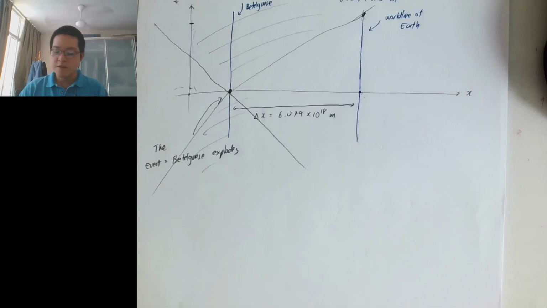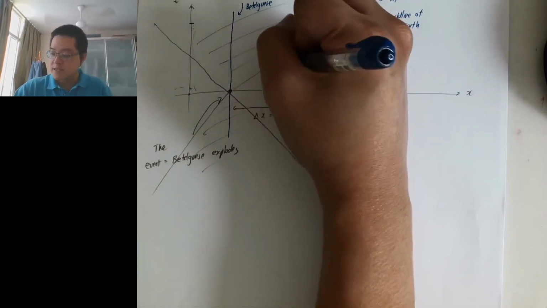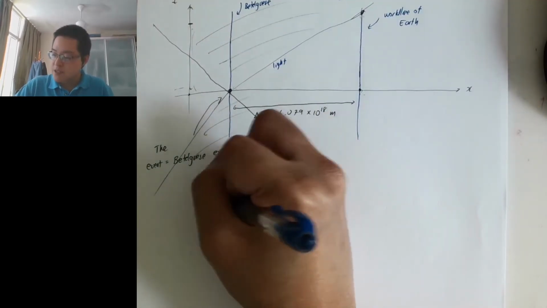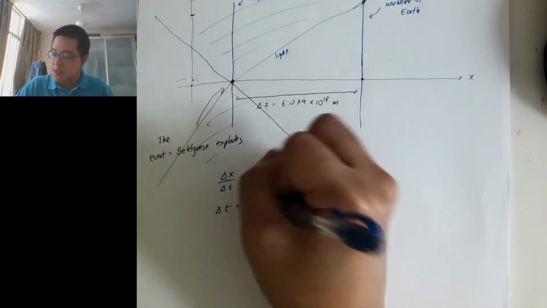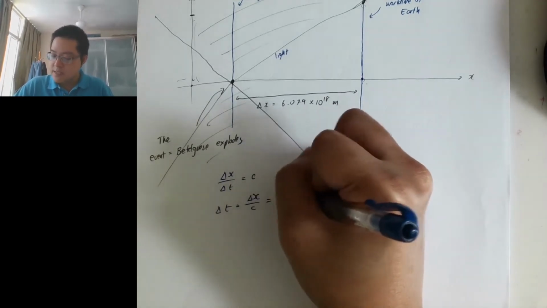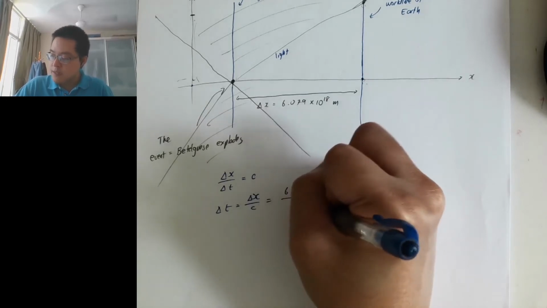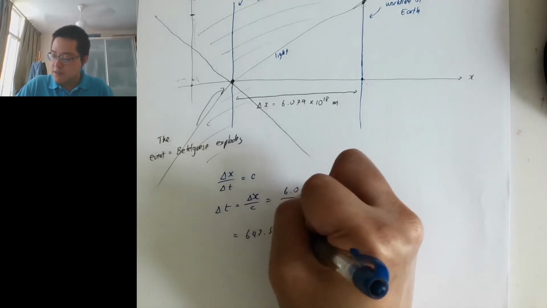Okay, so from here we see that the light from the explosion is traveling at the speed of light, correct? So the speed of light is just the change in position over the change in time, equal to c. So when will we see the explosion? It's just delta x over c. So the distance is 6.079 times 10 to the power 18, and the speed of light is 3 times 10 to the power 8, so it is going to be 642.5 years.